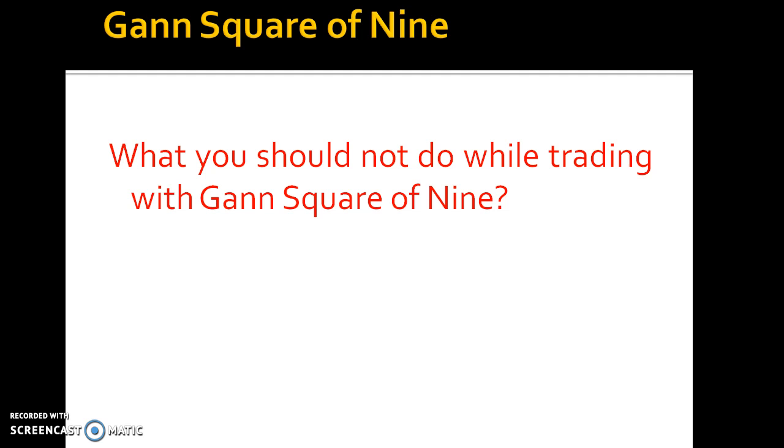Friends, let me put it very clearly. I have been following Gann Square of 9 since 2009. I developed a calculator before Gann Square of 9, then a calculator for currency, then a calculator for Gann Square of 9 from a Nifty perspective, then from the stocks perspective. But trust me, my experience with Gann Square of 9 was that every time it amazed me, in the sense that sometimes it hits the dart to the point.